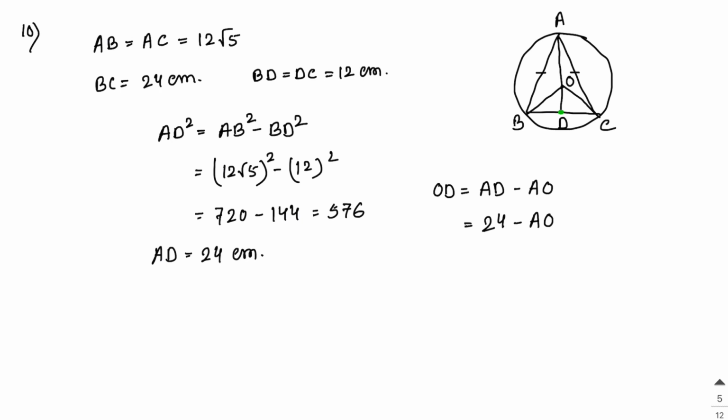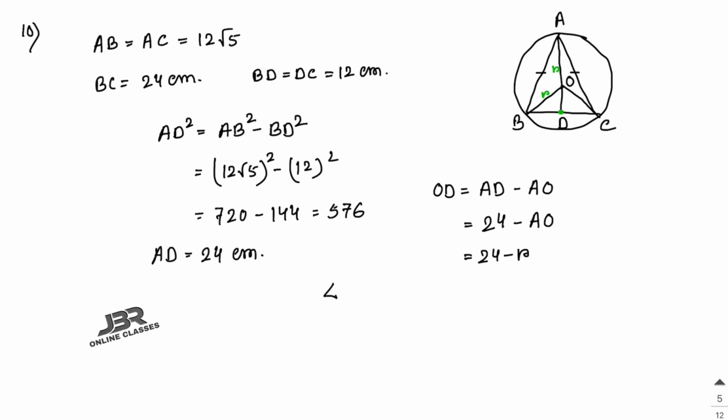AO, BO or CO are the radius of that circle, so in the place of AO or BO, just write R as the radius. So 24 minus R. Clear? So OD equals 24 minus R.